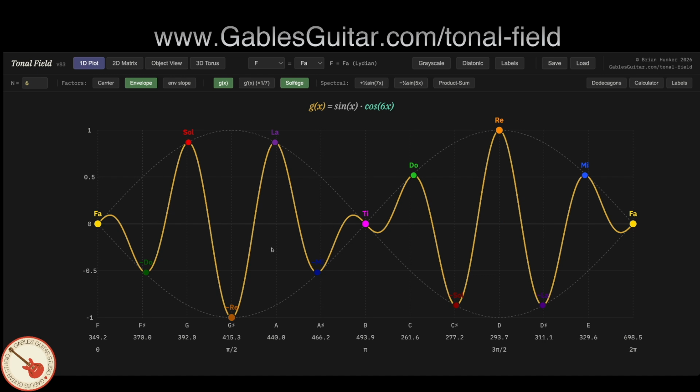And this also describes how the g of x is not just 12 samples. It's a continuous curve. We can place this fa ti tritone between any two frequencies that are 6 times the 12th root of 2. So anywhere. That's why songs work even when they're tuned in between these half steps.